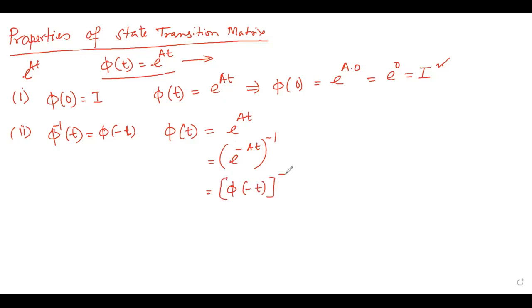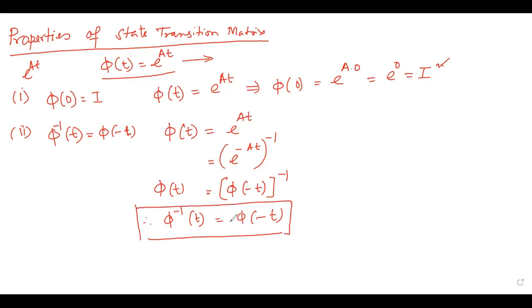So that means phi of t is equal to phi of minus t inverse. Therefore phi inverse of t is equal to phi of minus t. So the inverse of the state transition matrix you can easily find by replacing t by minus t.